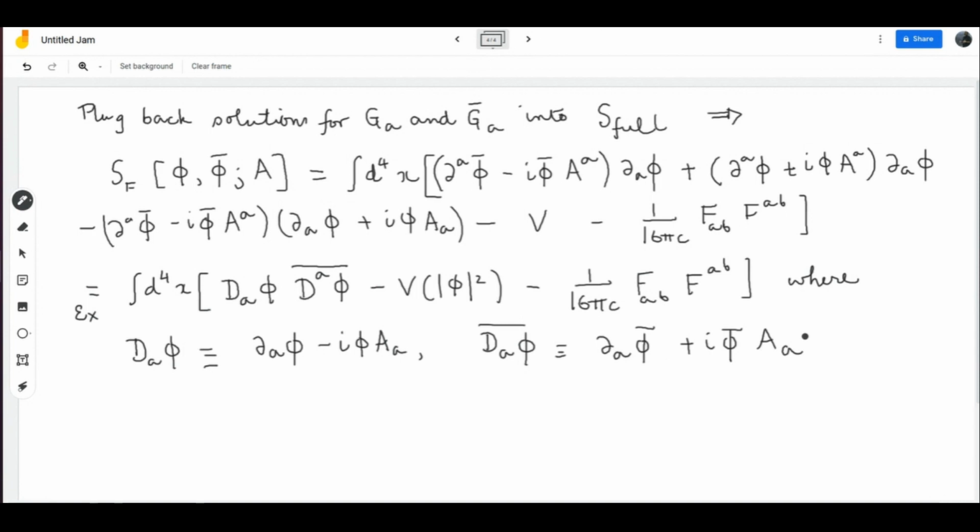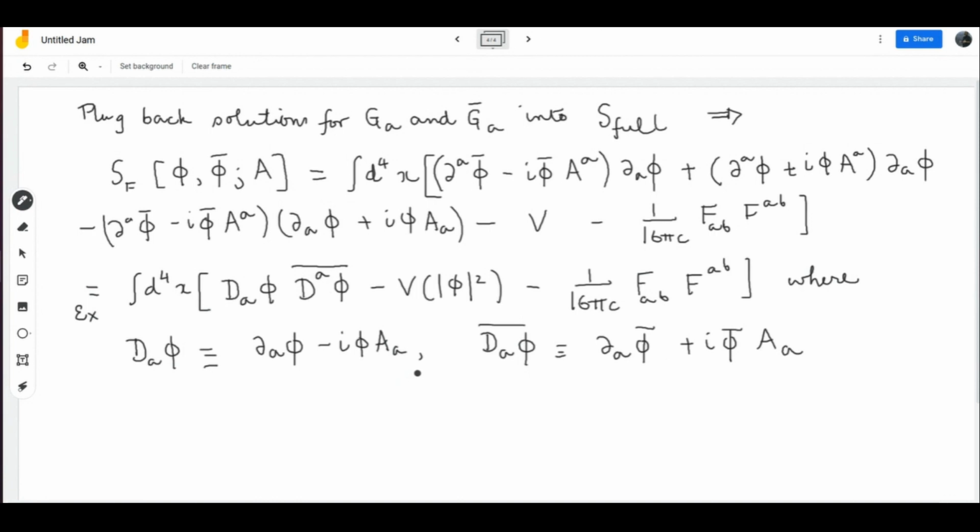This is not a difficult task. You just have to look at all the terms and you see that this is true. So what you do is you plug in D_A phi and D_A phi bar from here, and you write it up and see that these two check. Okay, and they will check. If they don't check, you can tell me, and we'll see where we went wrong. But they will check, I can guarantee you.